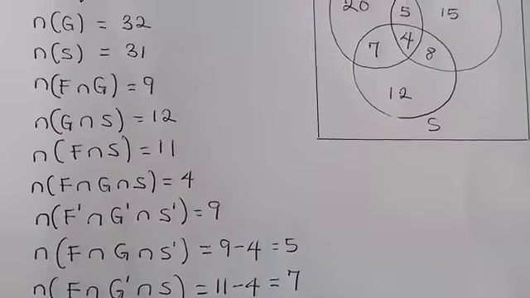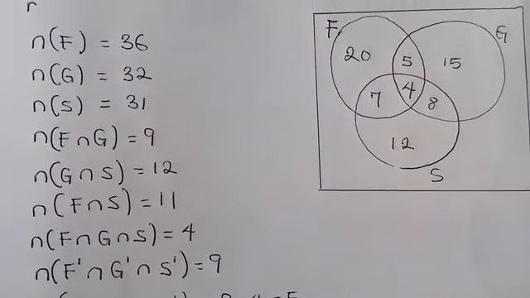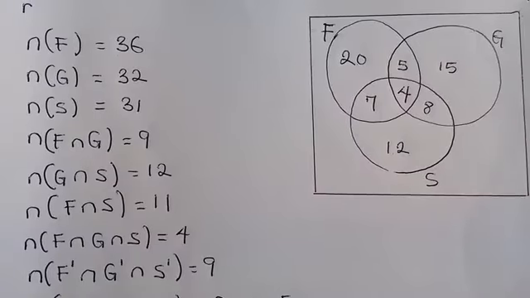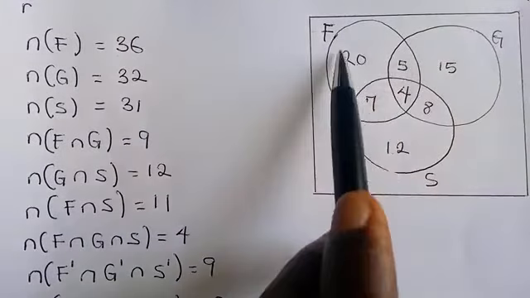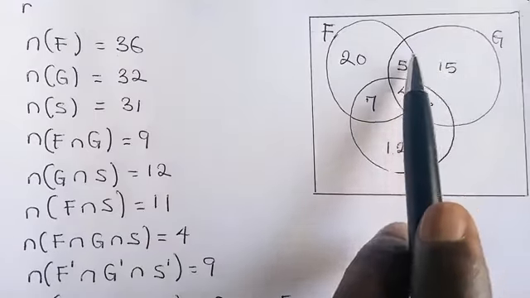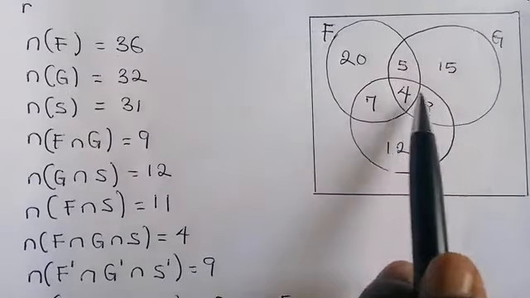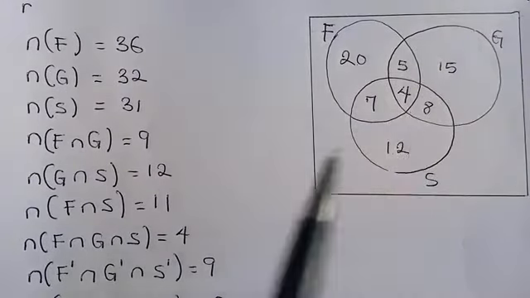Lastly, for us to populate this Venn diagram, we are told that 9 boys offer none of the 3 subjects or 3 languages. Because of that, they are not part of those in French, German, or Spanish.